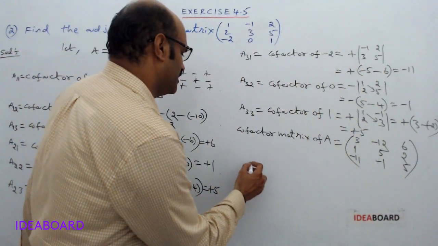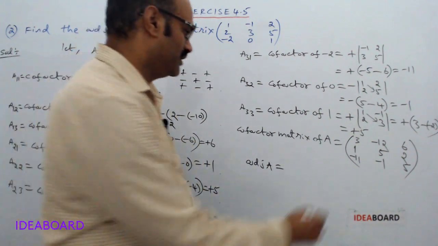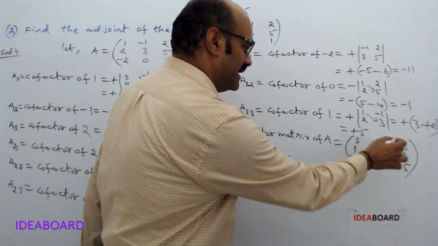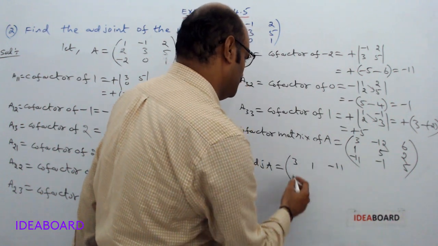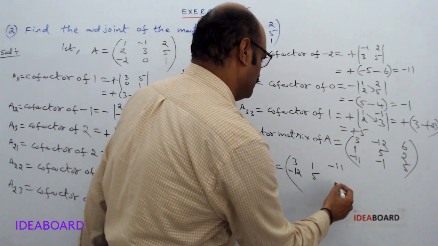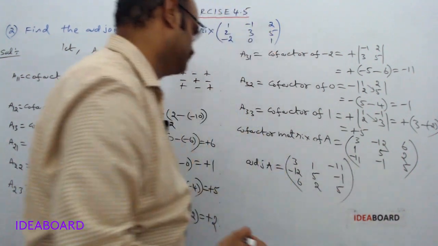Now adjoint of A equal to, we have transpose of this matrix: 3, 1, minus 11, minus 12, 5, minus 1, 6, 2, 5.